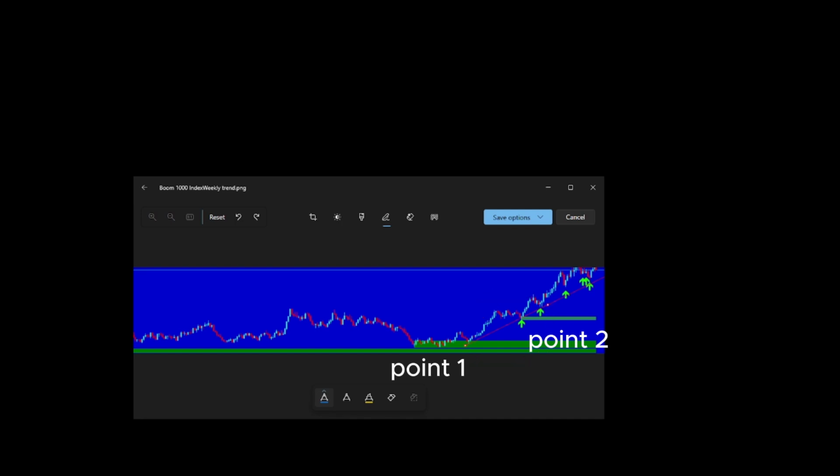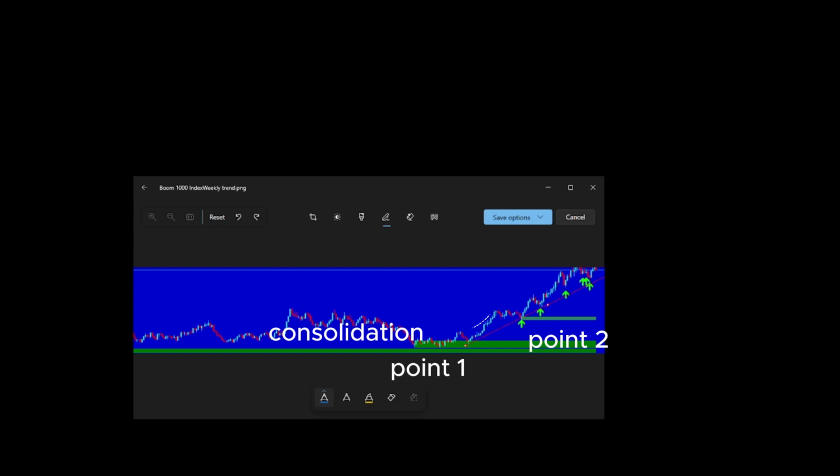Like if you can look at this picture, if you look at this point, you can see the market was just consolidating. The market had no clear direction, but here the price started moving up, then it calmed down.